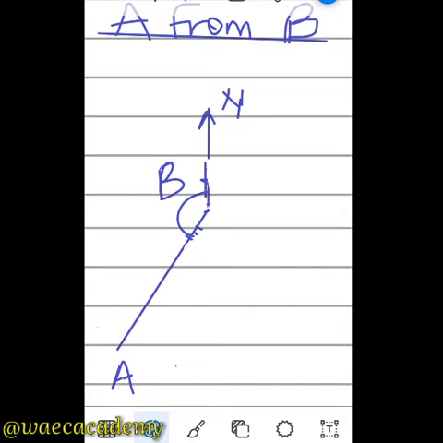So you are given an angle on the other side, in an anti-clockwise direction, which is not going to be the bearing of A from B, because it is not starting from north in a clockwise direction. Rather, it is starting from north in an anti-clockwise direction, and that does not fit the condition for three-figure bearing. So since it does not fit the condition, we will have to find the other angle that is going to fit that.